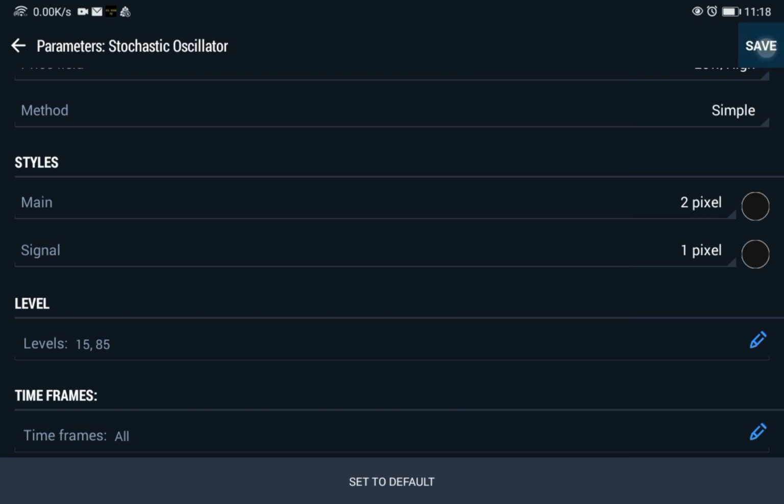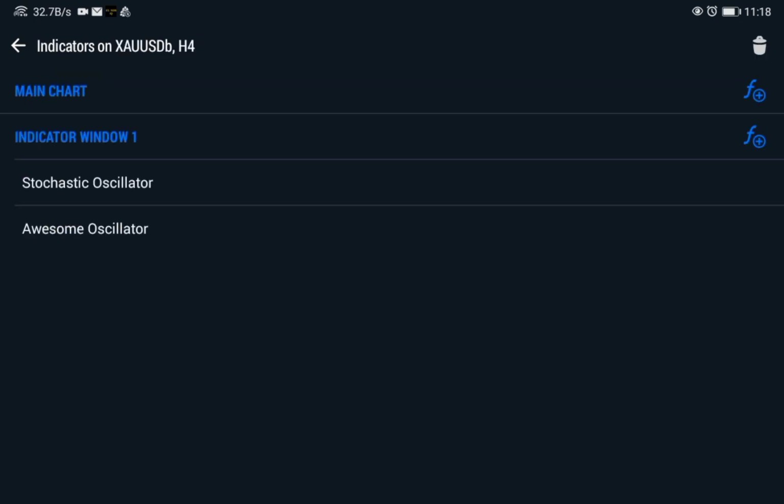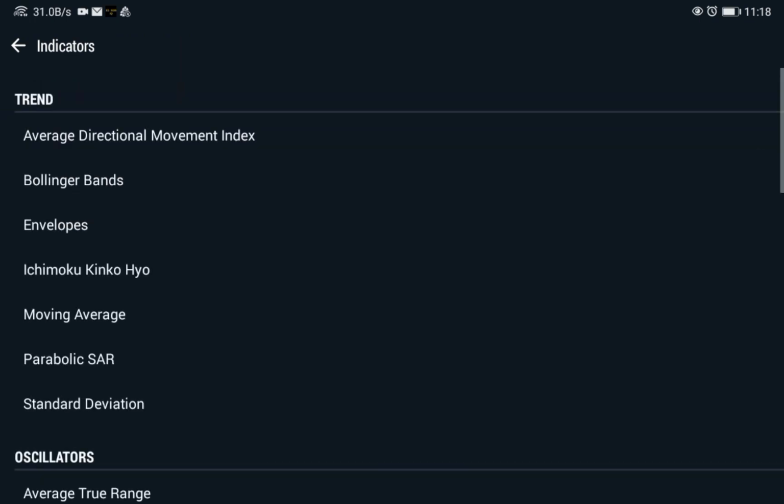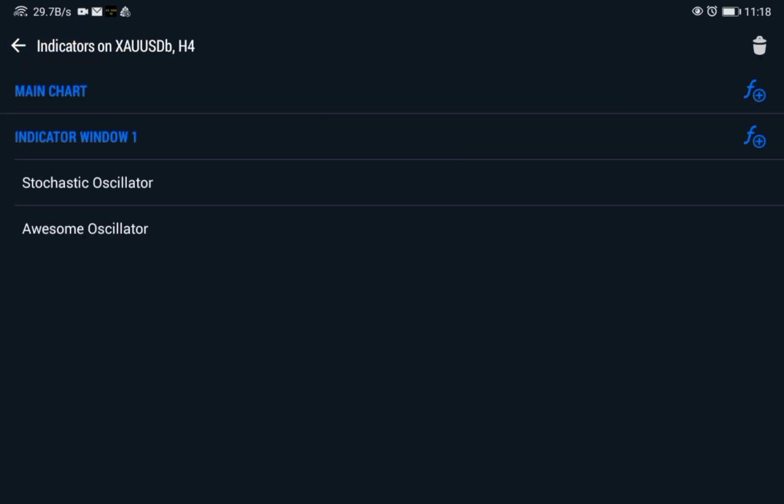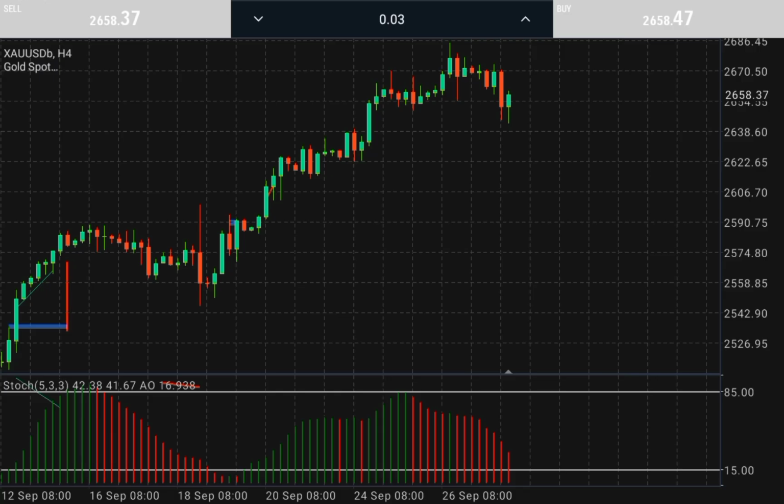Then I clicked on save. Then on my indicator window 1, I selected the Awesome Oscillator, which is this one, and I left it on default. I didn't change anything. That was why this thing is on my chart.